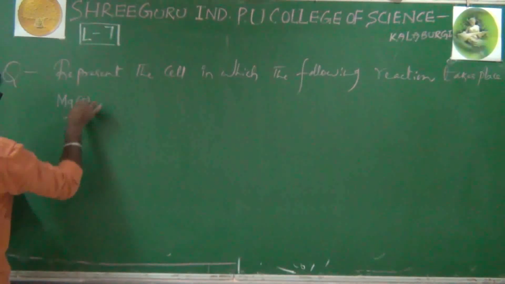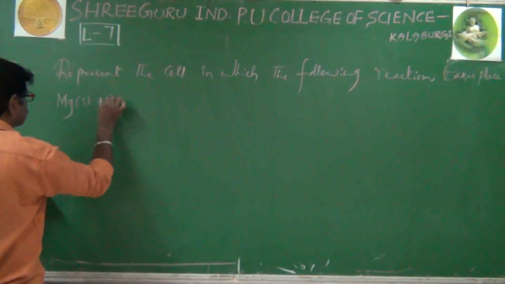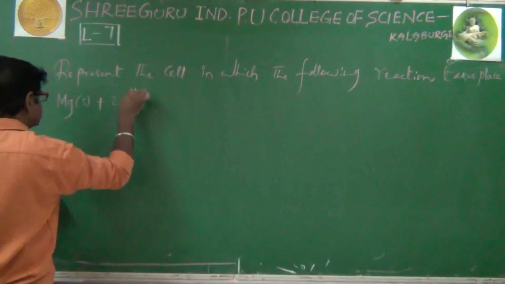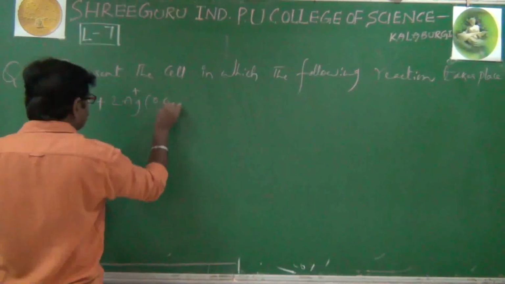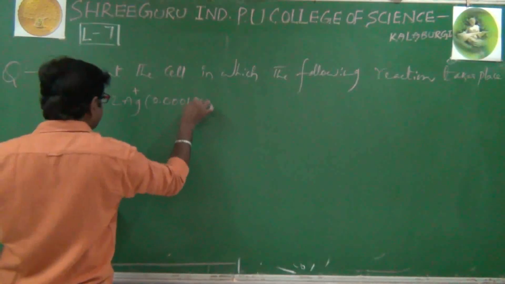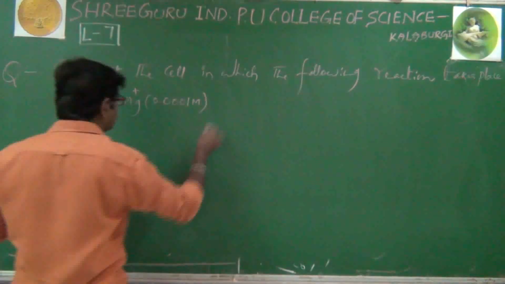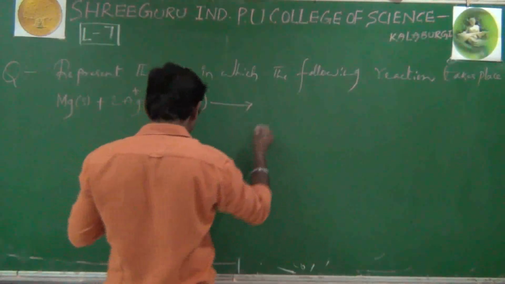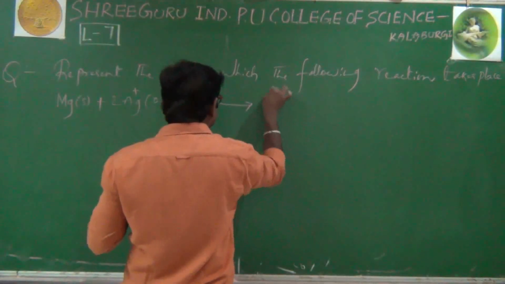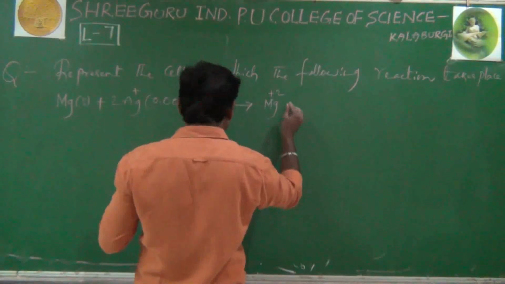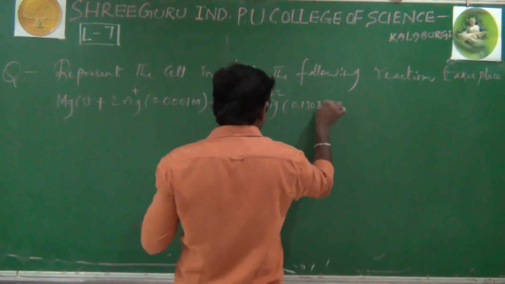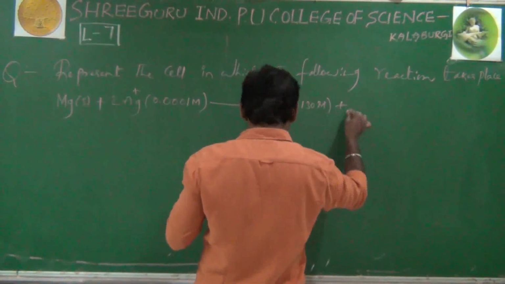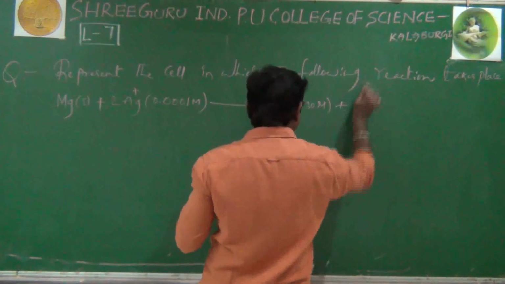Magnesium solid plus 2Ag plus, and concentration is 0.123 molar, gives Mg plus 2, concentration is 0.130 capital M, plus 2 Ag.